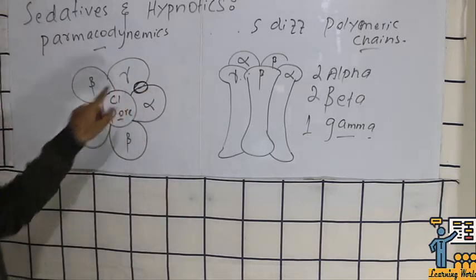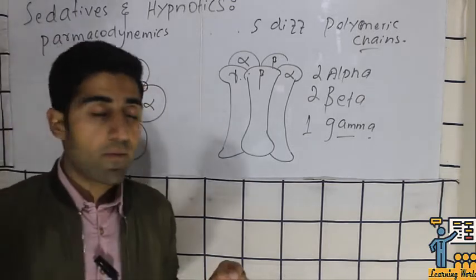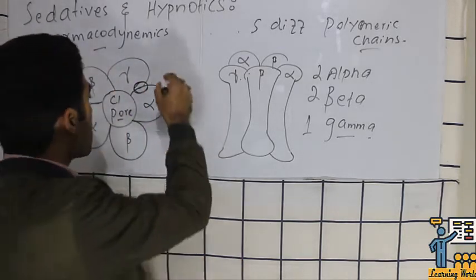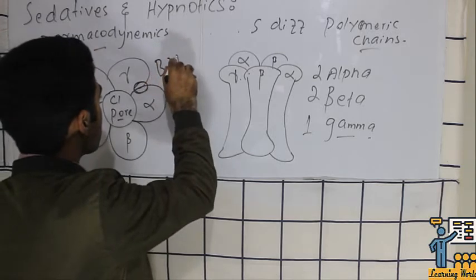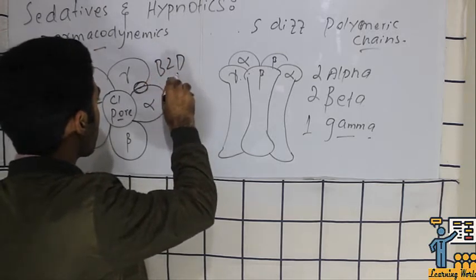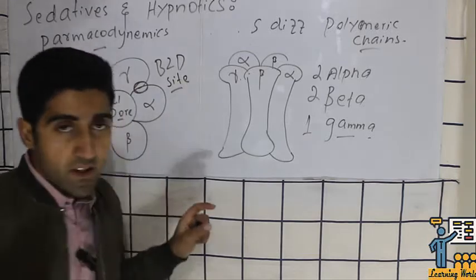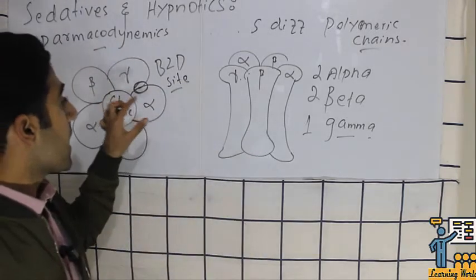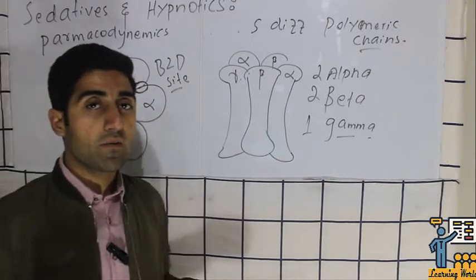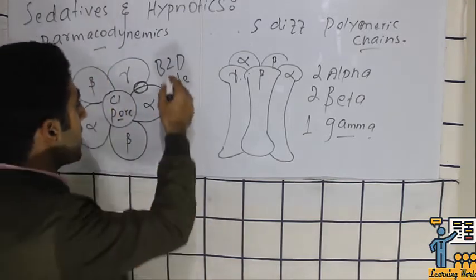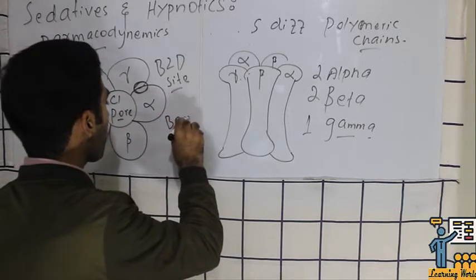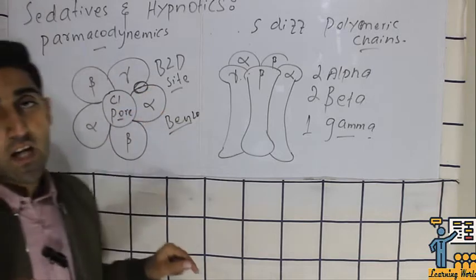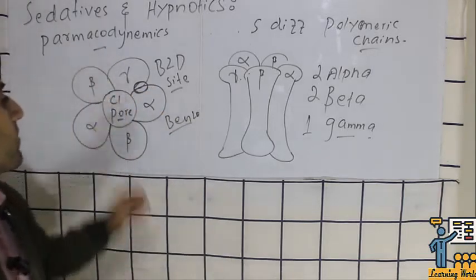In between the alpha and gamma, a specific type of site is present at this junction, which is called the BZD site. This BZD site provides the attachment site for the benzodiazepines only. Benzos will attach to this BZD site, which is present between the alpha and gamma.